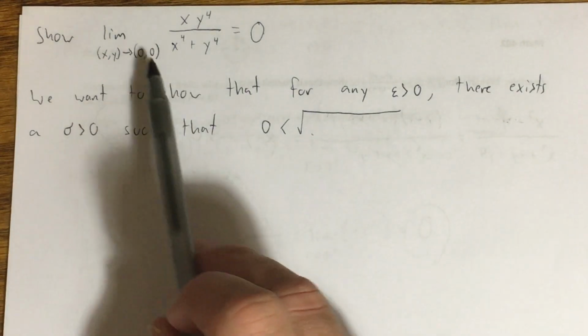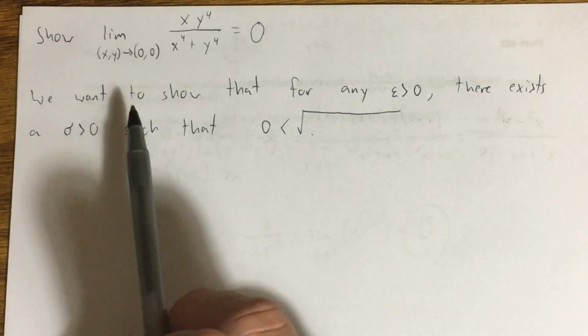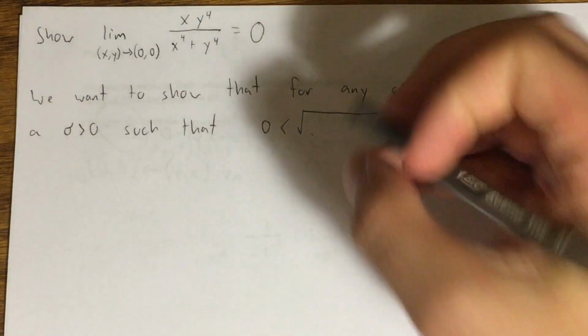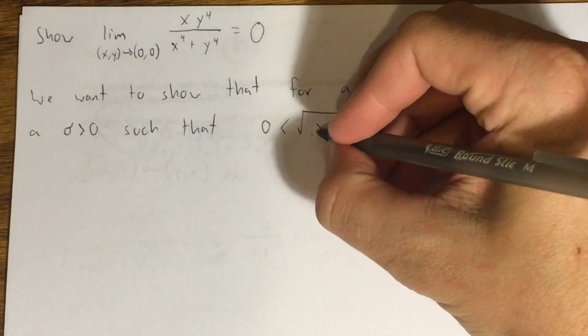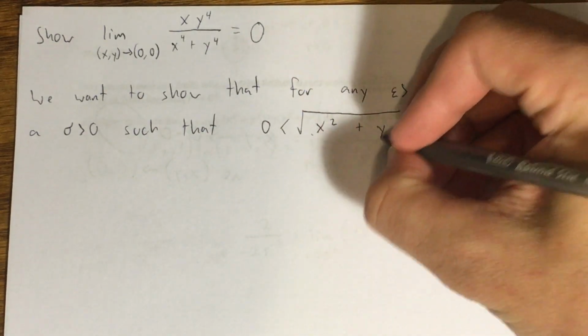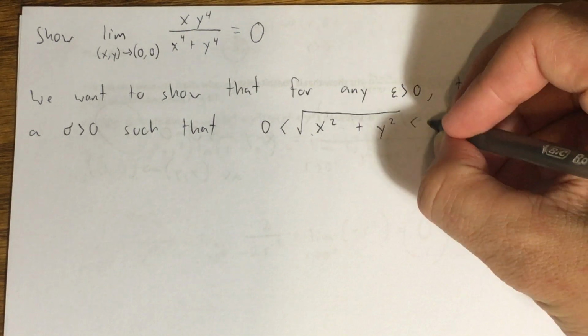And in our case, we're approaching 0, 0. So that would look like x minus 0, y minus 0, both squared. And that's really just the same thing as this, x squared plus y squared.